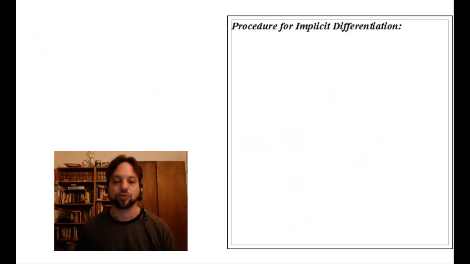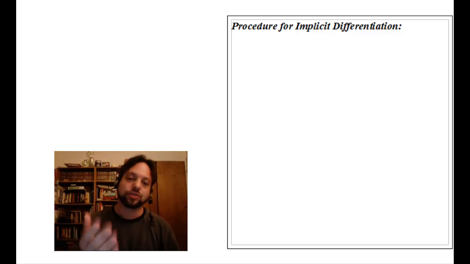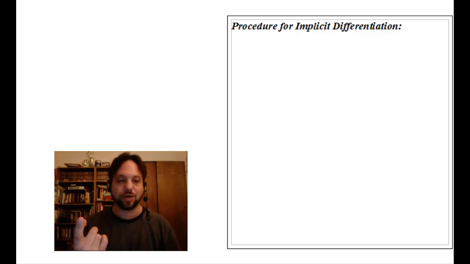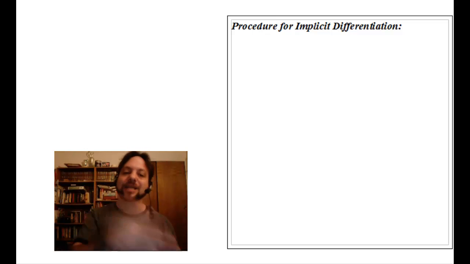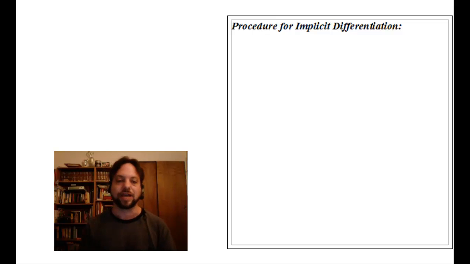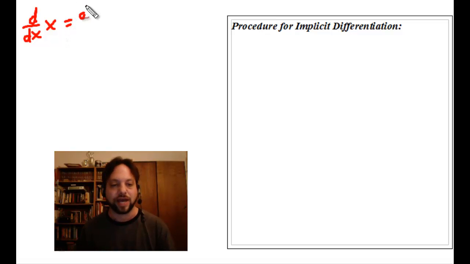The two hardest things to remember when doing implicit differentiation is that we have to treat x and y as two separate variables. So when we do the derivative of x, of course we just get 1. But when we do the derivative of y, we don't just get 1. And that's going to lead us to the second thing that people often forget. If we wanted to do the derivative with respect to x of x, I told you earlier that we would just get 1, but really the reason for that is we'd end up with that.